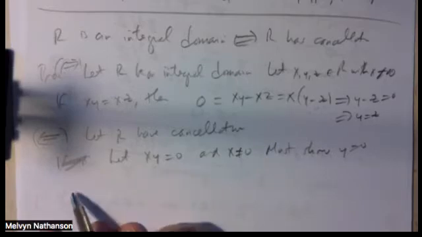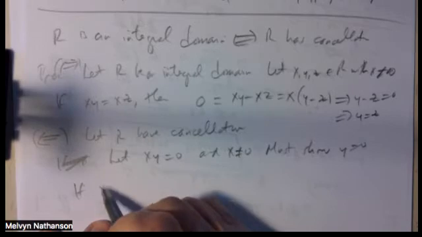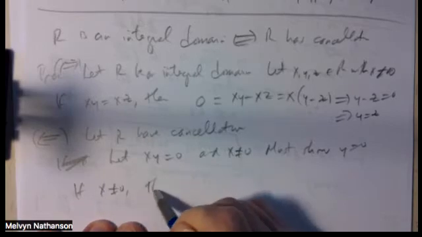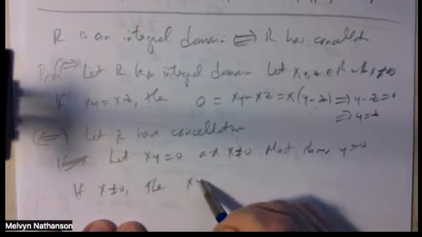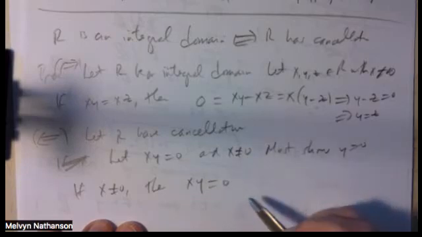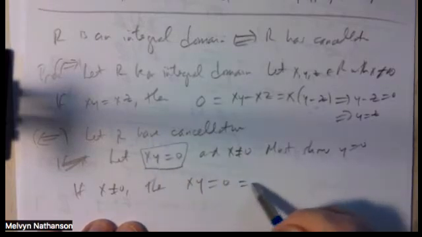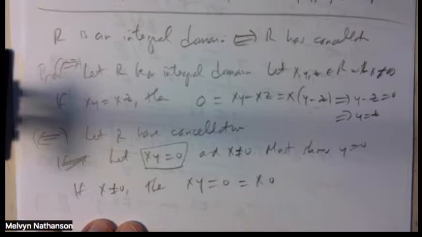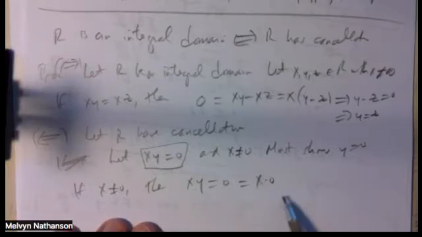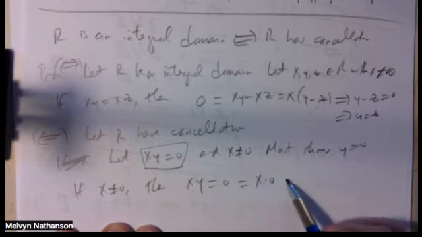But if X is not 0, then X times Y is 0, that's what we're given. But 0 is also X times 0. So X times Y equals X times 0, and X is different from 0.